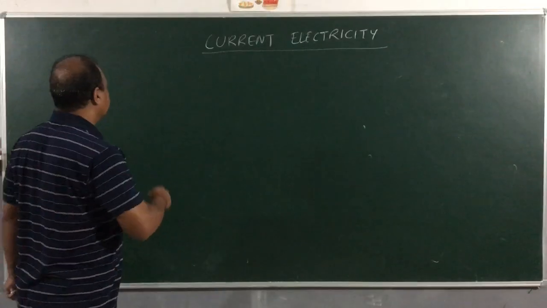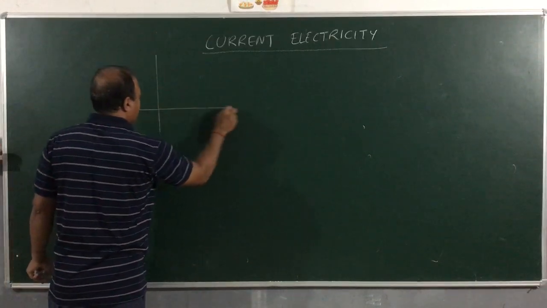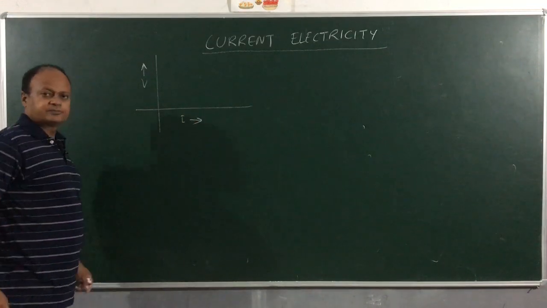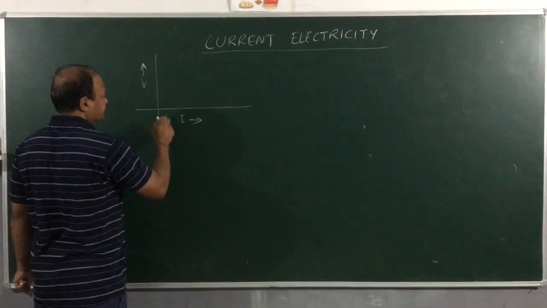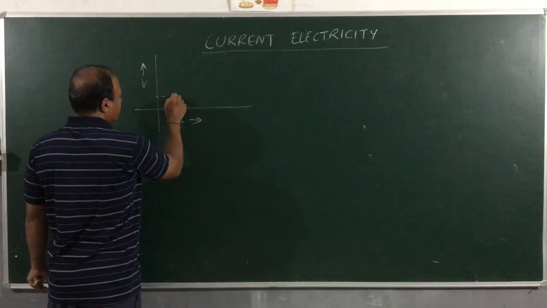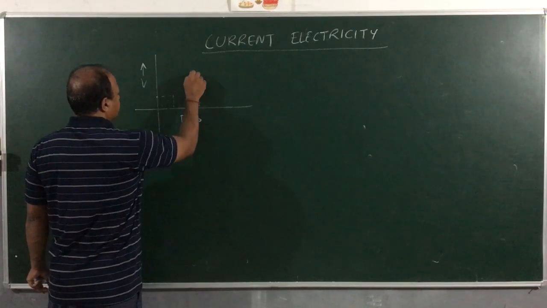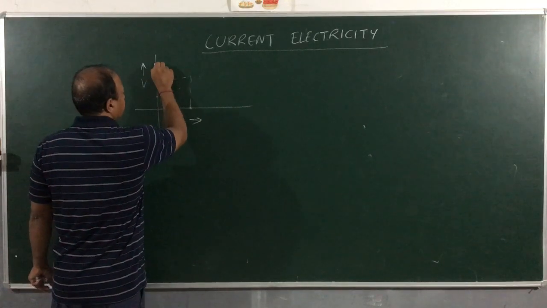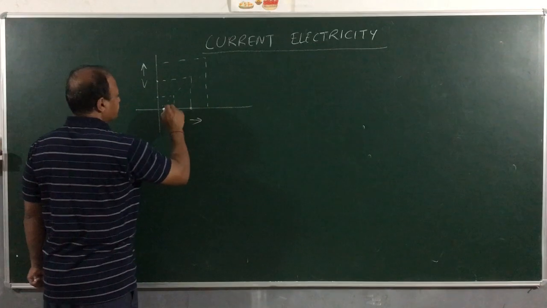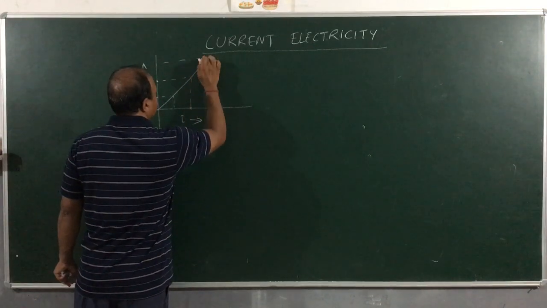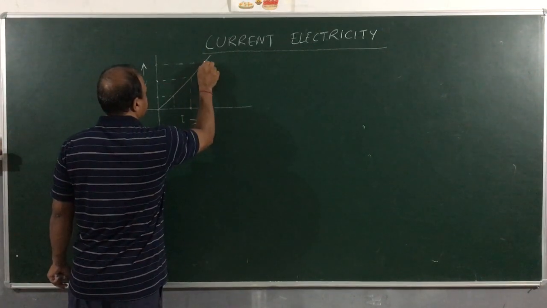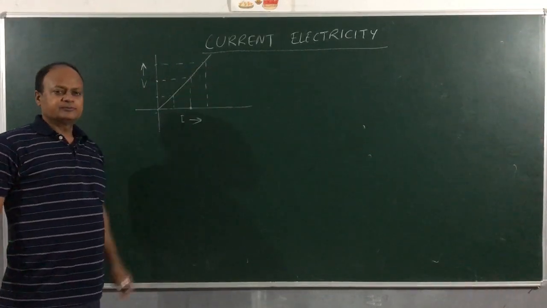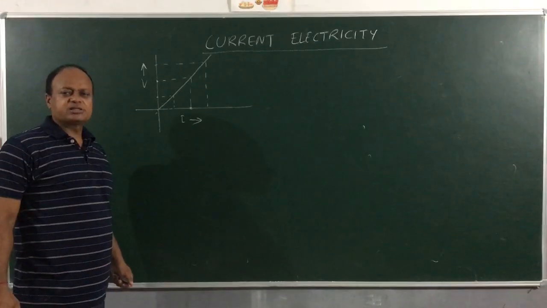Linear relation meaning, if I plot a graph between V and I, take different values of V and I, plot them, and join all these points together, and I find that the graph is a straight line, then Ohm's law is obeyed.